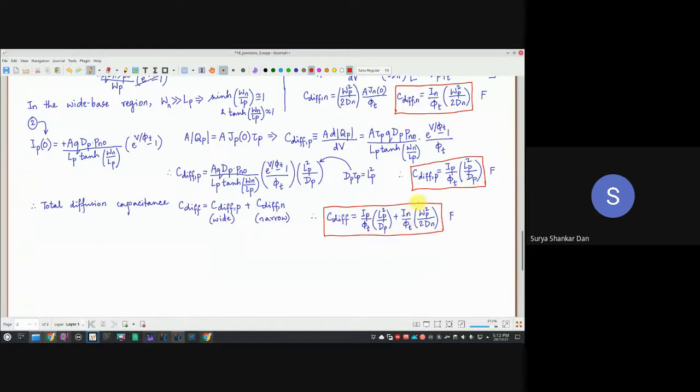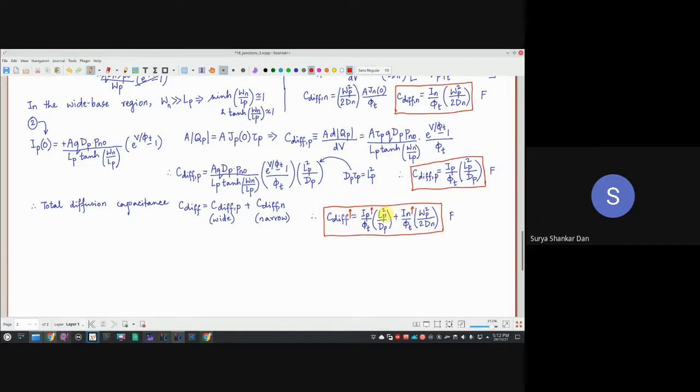Now, what is important for us is that if the current of the BJT goes on increasing, which is something we want, we are using BiCMOS technology to ensure that the currents are high, then you can clearly understand the detrimental effect: the diffusion capacitance increases.